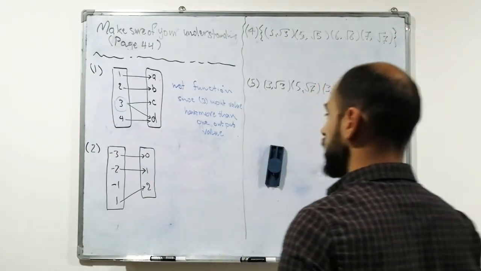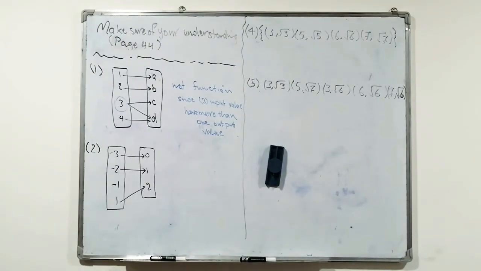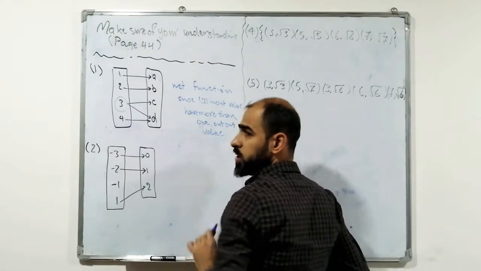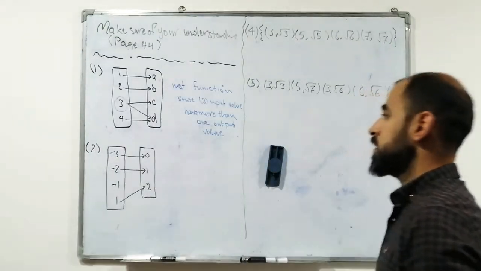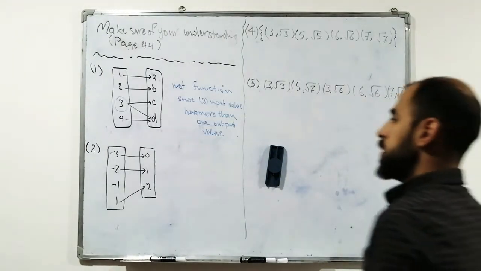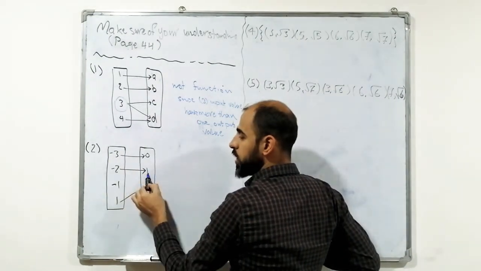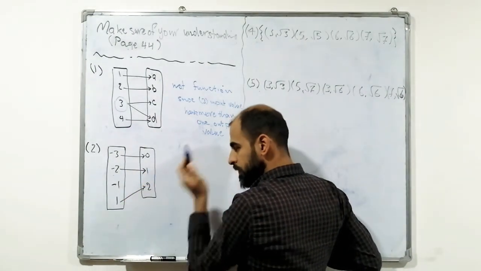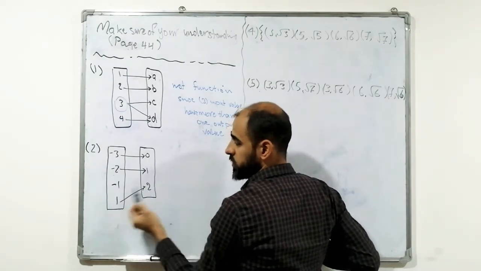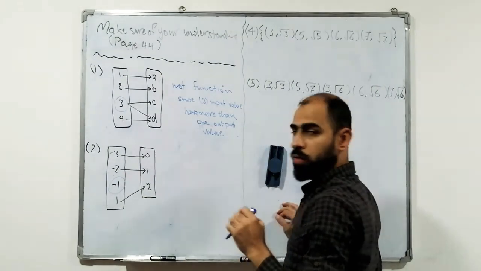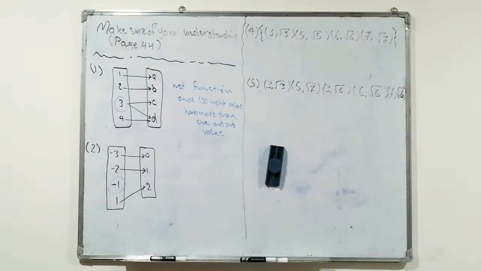Number 2 also: does this represent a function or not? Does the relation represent a function or not? Here we have one output value for this input, also one output value for this input, and one output value for this input. But one of our input values has no output value.